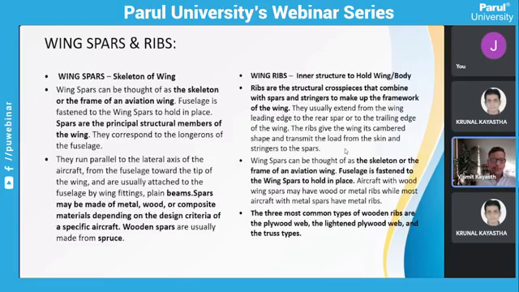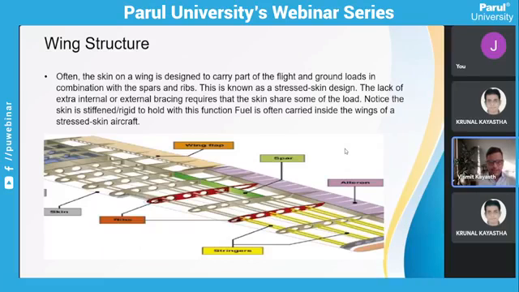Okay, so moving ahead, talking about the parts of the wings, I would like to say that the spars are the wing skeletons, and moreover, they are the principal structure of the wing. Okay, just to help you out, I do have an image with me as of now.